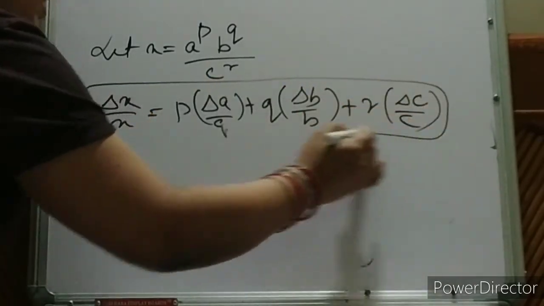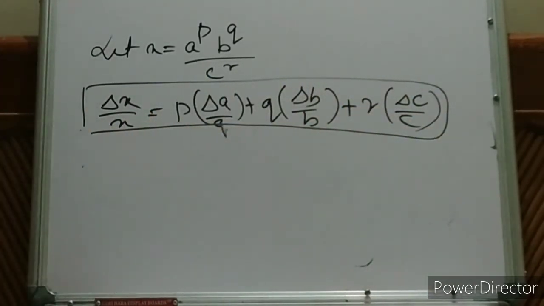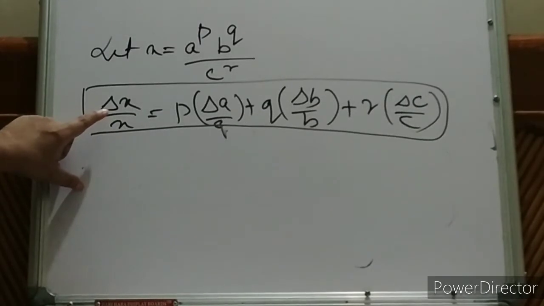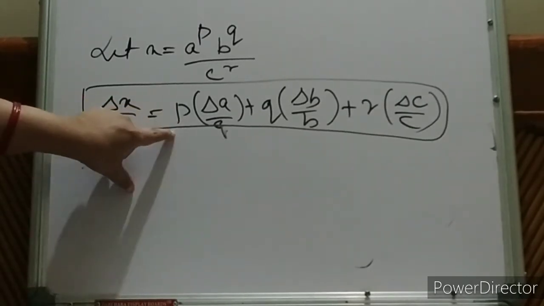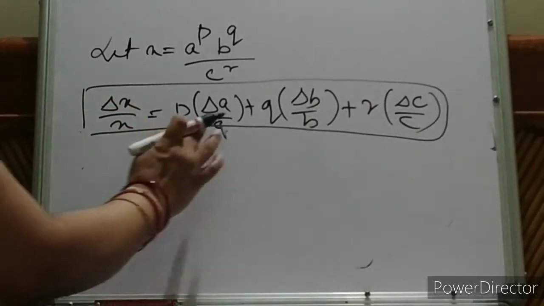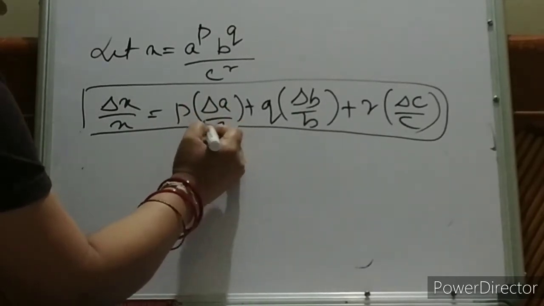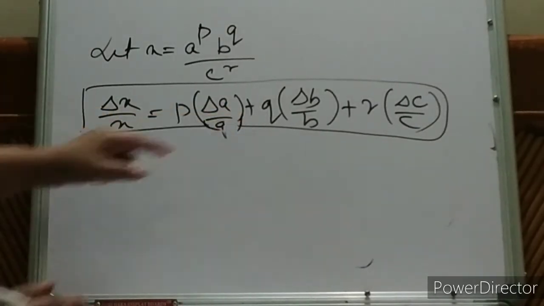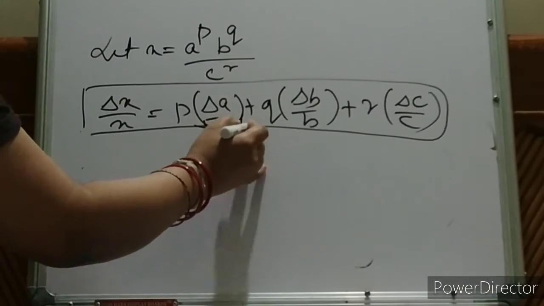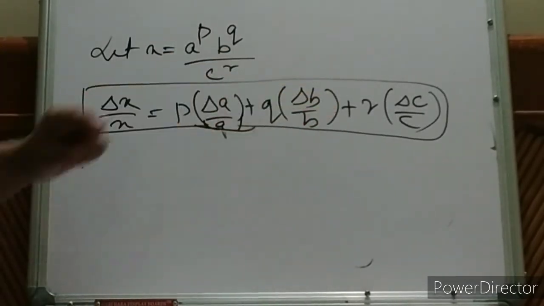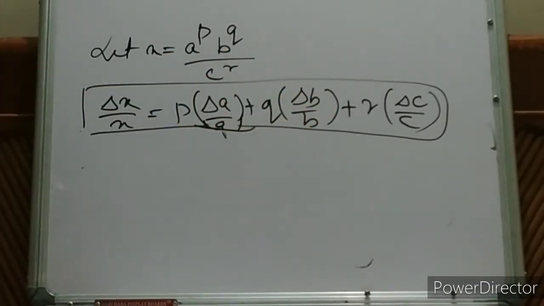Clear? No confusion. Maximum fractional error in x is equal to p times of fractional error in a plus q times of fractional error in b plus r times of fractional error in c.